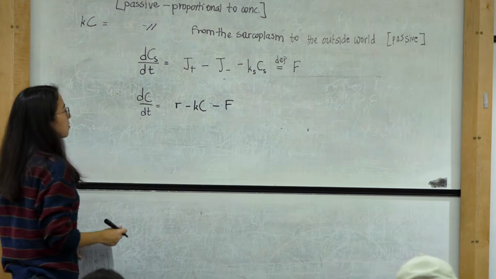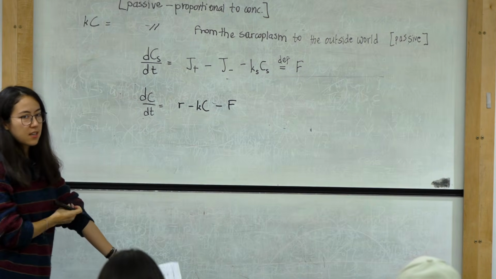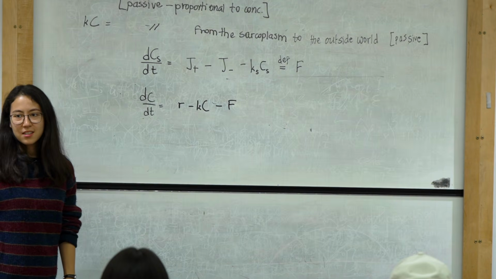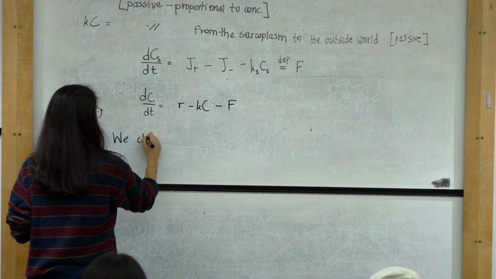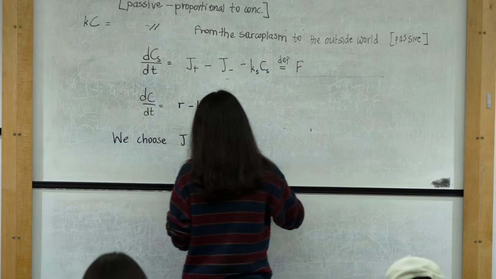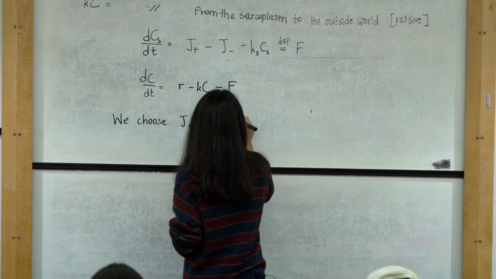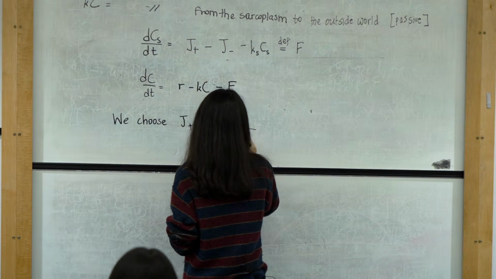Now we have to choose together what these two should be. Basically, it's again experimental, but they have the form of a Hill equation. We did it in the first lecture, maybe. So the form of the active uptake and release is this. Let me first write it down, and then I will define these things.